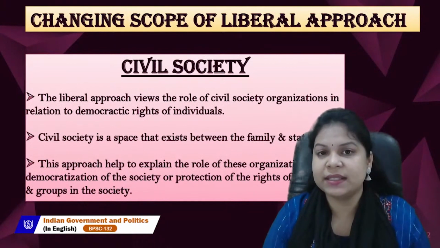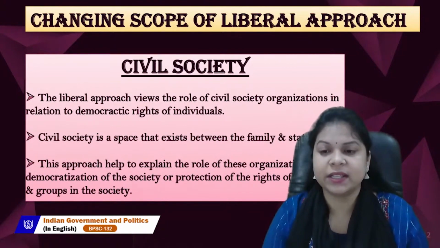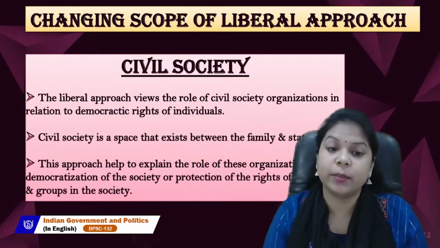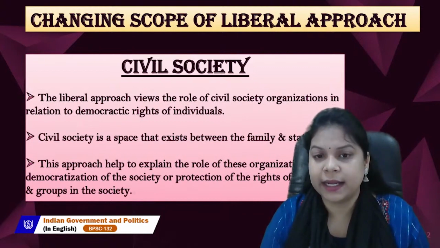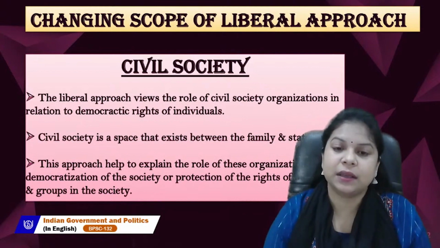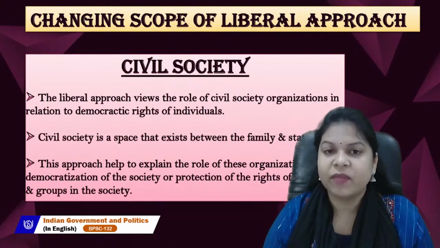So the first one is civil society. The liberal approach views the role of civil society organizations in relation to democratic rights of individuals. As we learned about civil society, civil society is a society where people voluntarily participate and work.